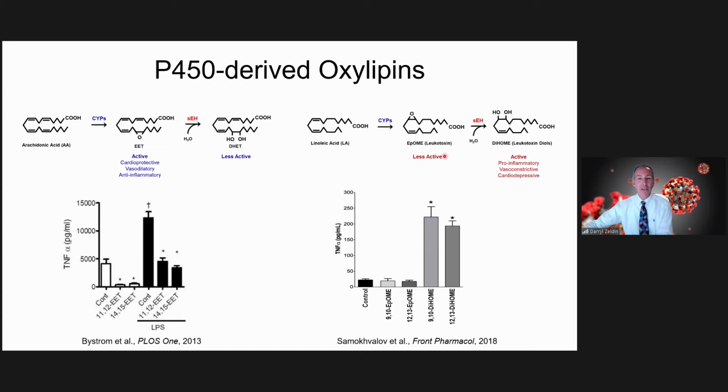So EETs attenuate LPS-induced upregulation of TNF-alpha in monocytes in vitro. This is an example of their anti-inflammatory effects. In contrast, EpOMEs fail to induce TNF-alpha in vitro, whereas DiHOMEs potently induce TNF-alpha, so are pro-inflammatory.